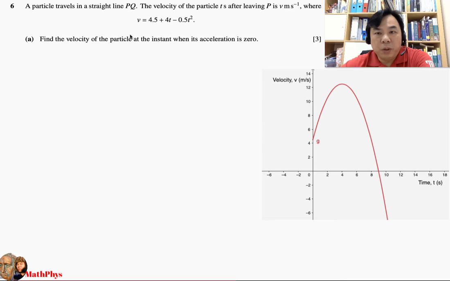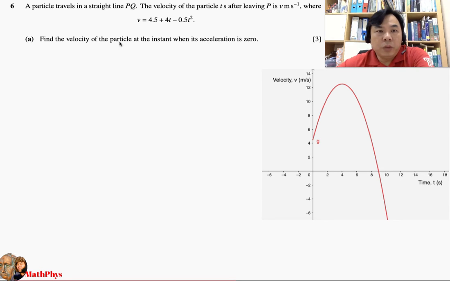If you plot this graph of velocity against time, you will see that it's actually a quadratic curve. It intersects here and reaches this axis somewhere here. I would say roughly the velocity is 0 at between 8 seconds and 10 seconds.